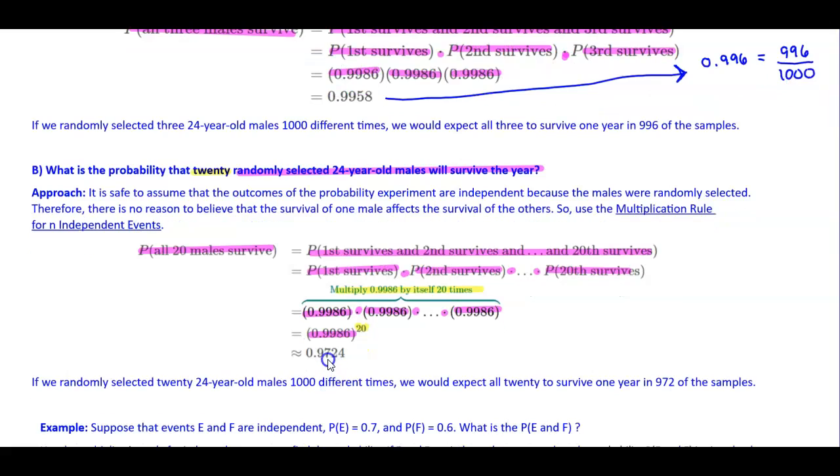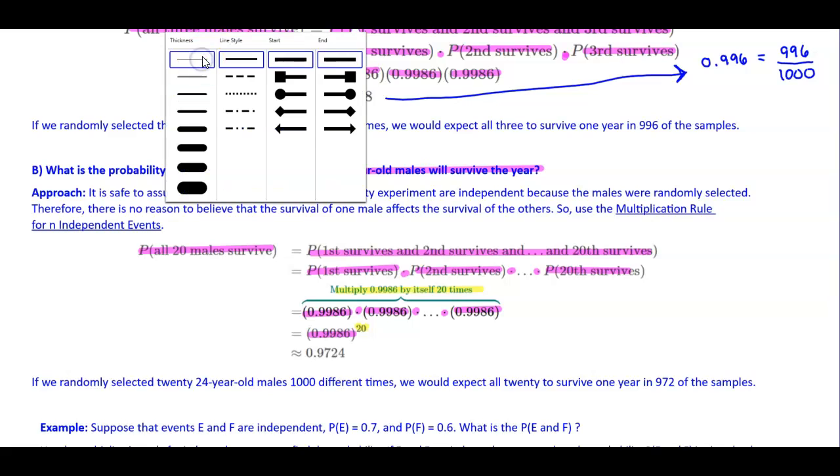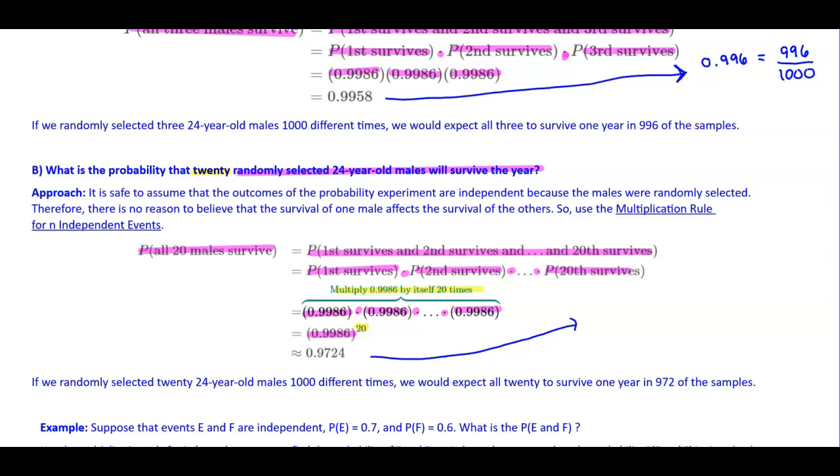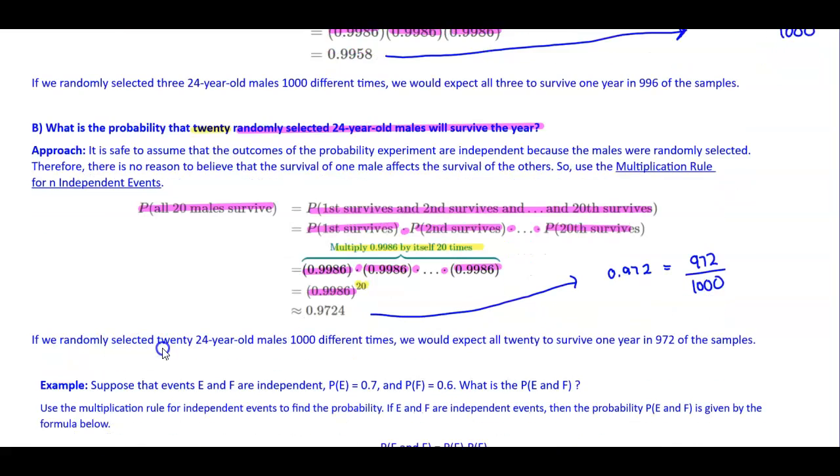When we do that, we get approximately 0.9724. If we round this to 3 decimal places, we have 0.972, which is the same as 972 divided by 1,000. So we would say, if we randomly selected 20 24-year-old males 1,000 different times, we would expect all 20 to survive 1 year in 972 of the samples.